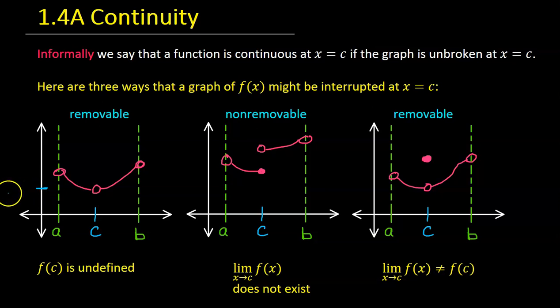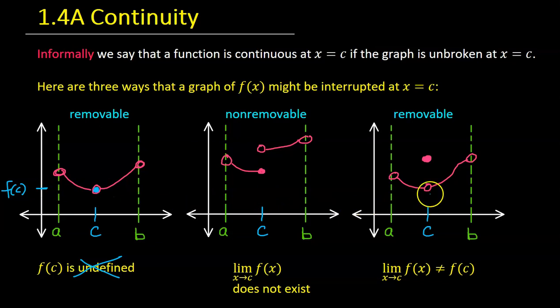So in this case, if I just decide that f at c is going to be right here, I'm just going to define it that way, then that will fill in this break in the graph, and we have removed the discontinuity. All right, we go from being undefined to now it's defined. I've defined it to be right here.